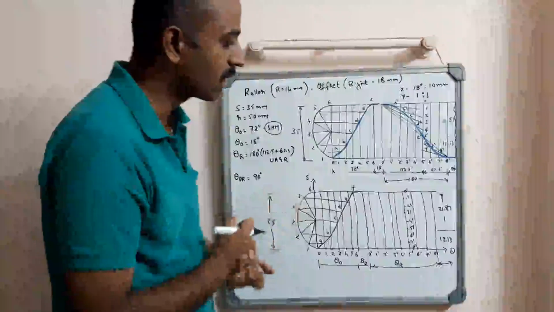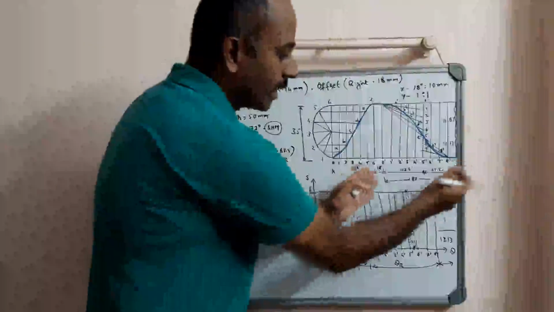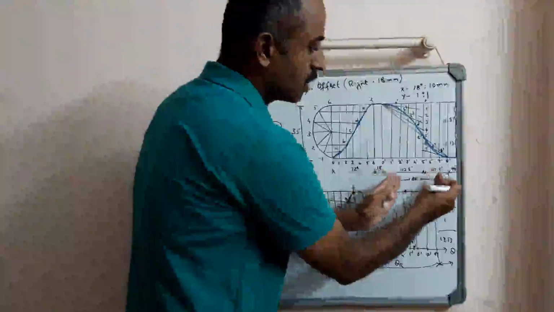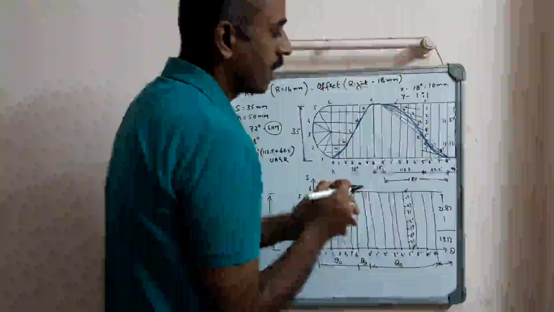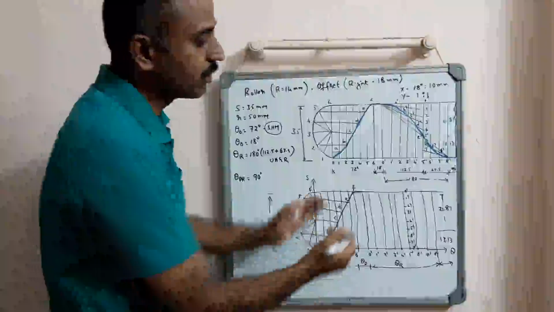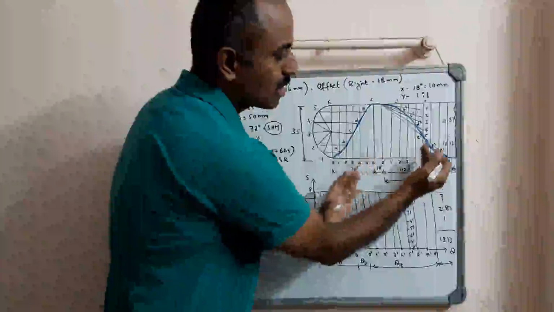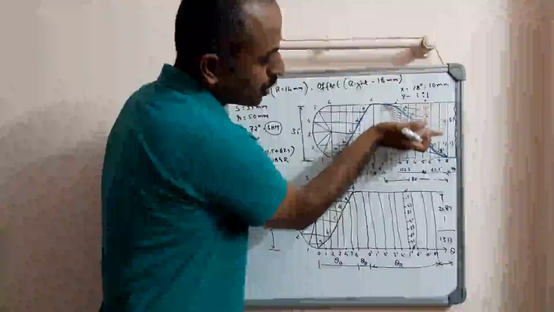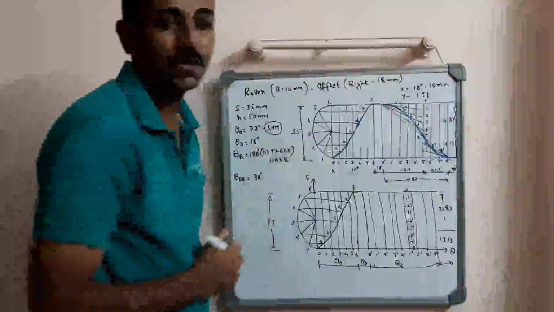We have done all the calculations. Out of 180 degrees, 112.5 degrees is for acceleration and the remaining for retardation. Also, in the return stroke, the first part is acceleration and the second part is retardation, and the upper portion is for acceleration and the bottom portion is for retardation.